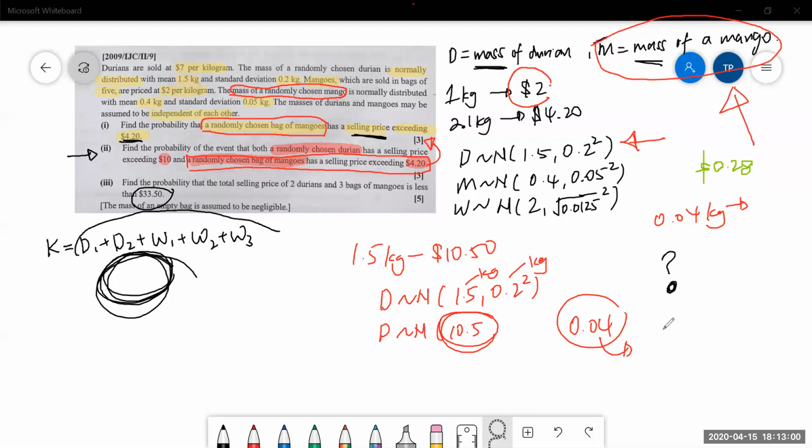I got 0.28, but it sounds so odd. No, that's not it.